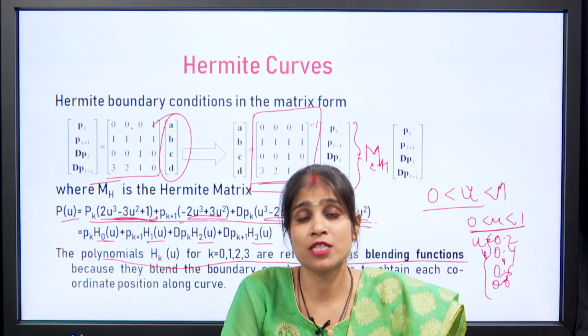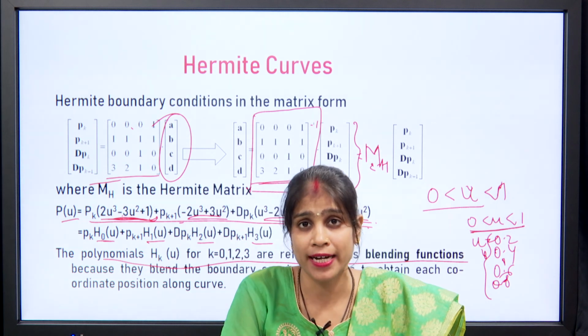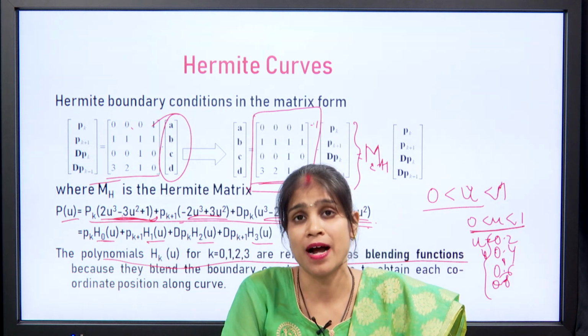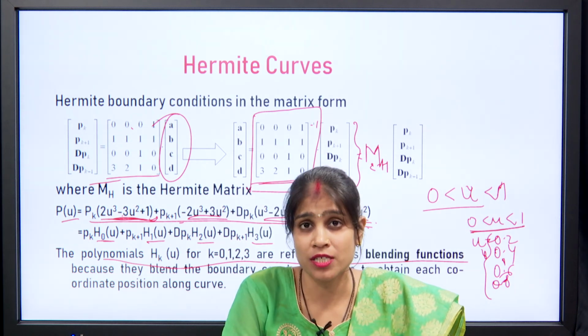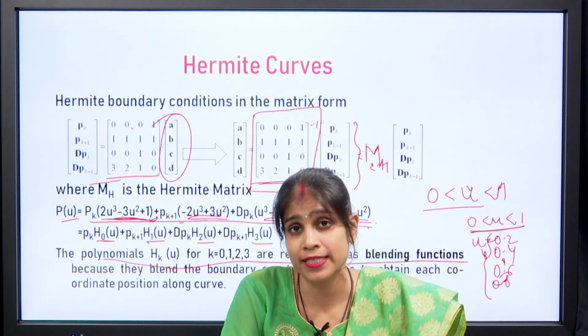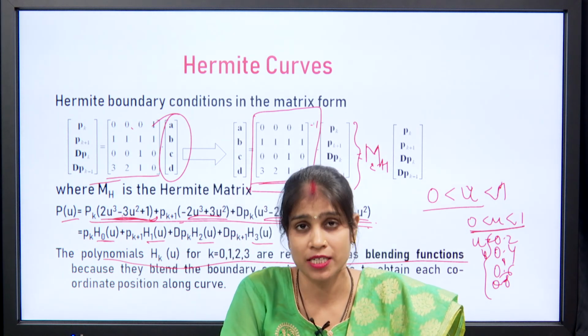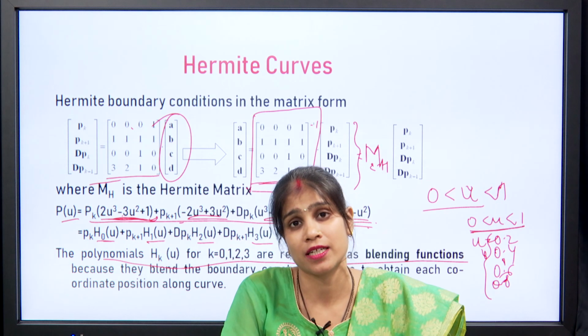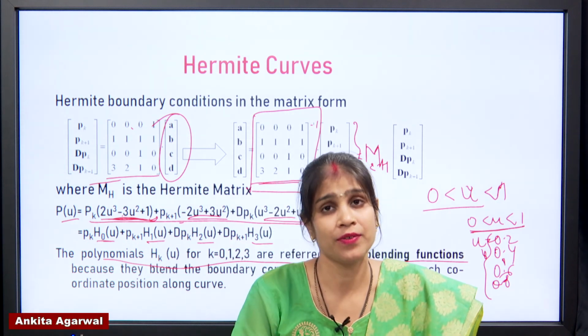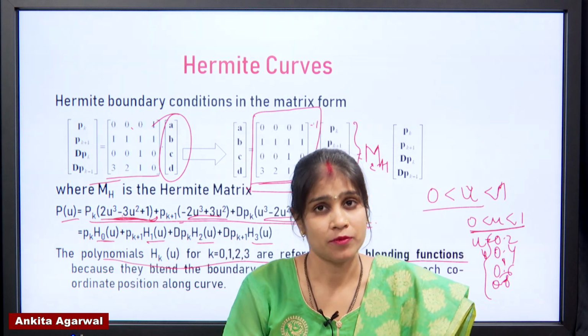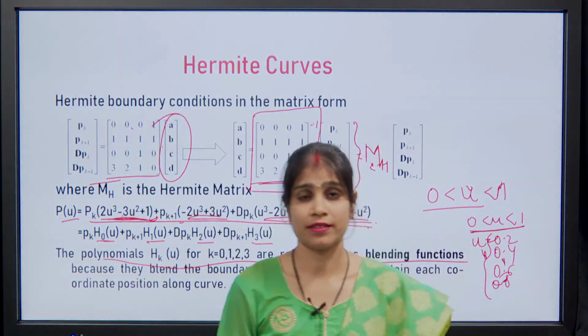Then we discussed the spline specifications, the basic specifications you give for defining the spline, that is your boundary conditions, matrix representation, and the blending function. Then we will discuss natural splines, that is natural cubic splines. Then we will discuss Hermite interpolation, that is what Hermite curves are, and all that we have explained. Okay, thank you so much.